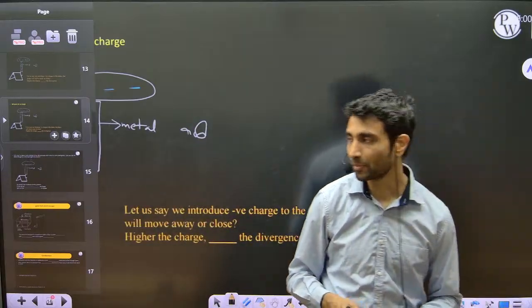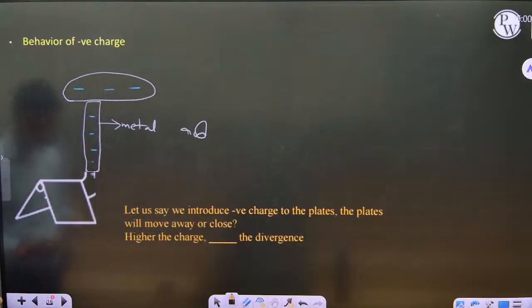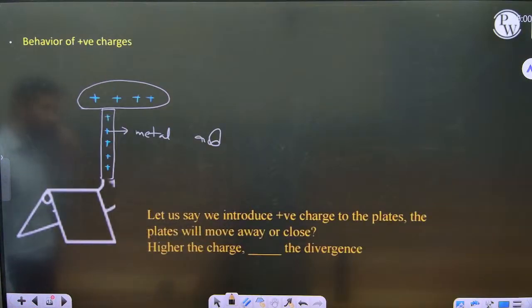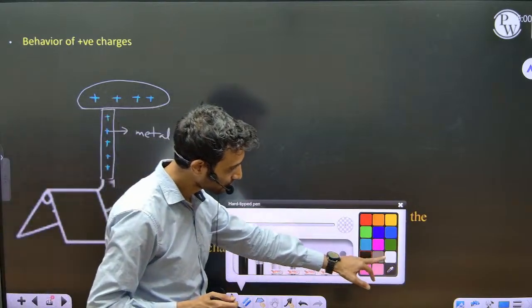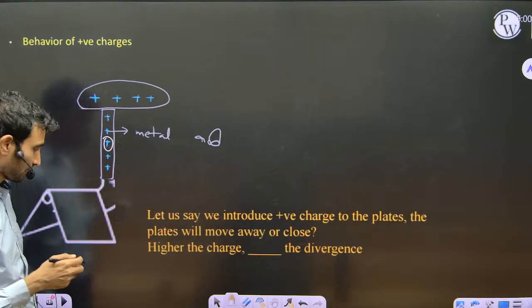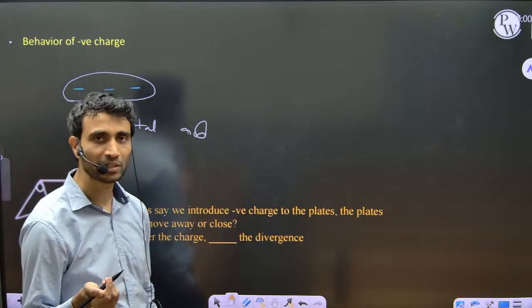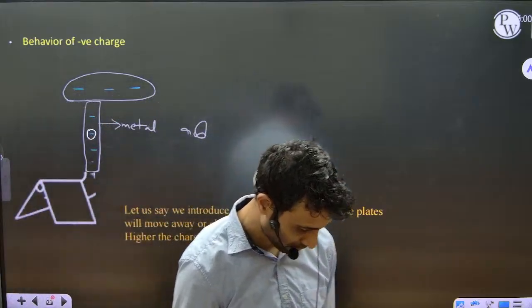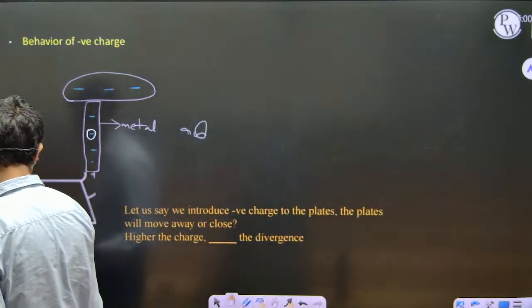So, as you remember, what we did last time is that we did two cases. In the first case, we introduced positive charge, and in the next case, we introduced negative charge. What happened in both the cases? In both the cases, the plates went away from each other.